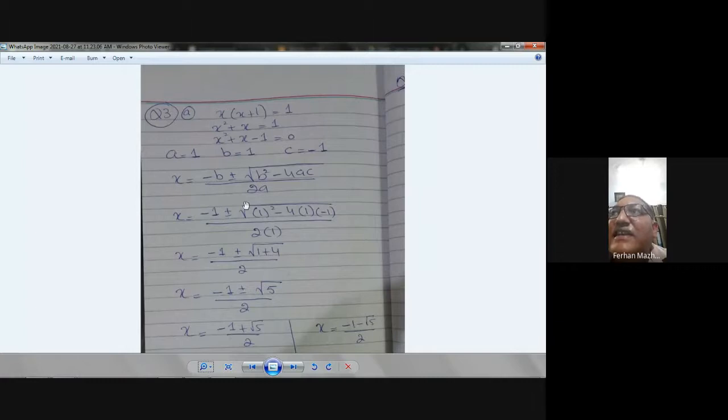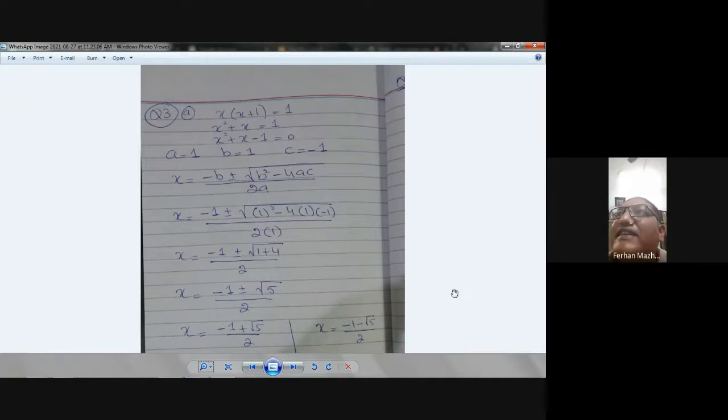You can see that I have substituted those values of a, b, and c into the quadratic formula. So b square will be 1, minus 4 multiply 1 multiply with minus 1, it will become plus 4, and x will be equals minus 1 plus minus under root 1 plus 4, that will be 5. So it's under root 5.